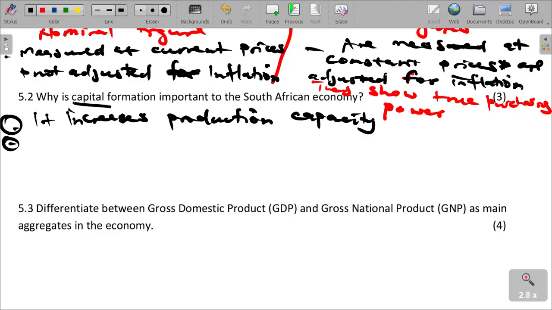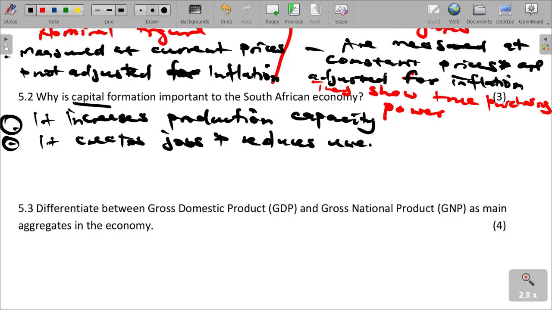We can also talk about how it creates jobs and reduces unemployment, which is a very important point also.